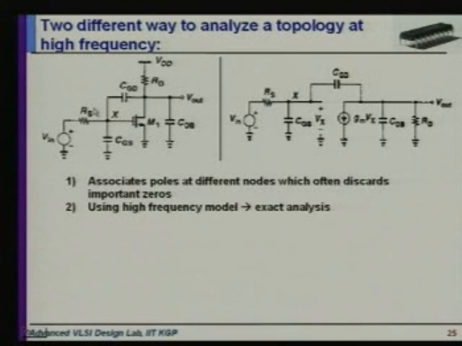Another main thing I have to cover is the Miller effect. By introducing the Miller effect I can finish, I think. That is very important. What is the Miller effect and what is the Miller theorem?